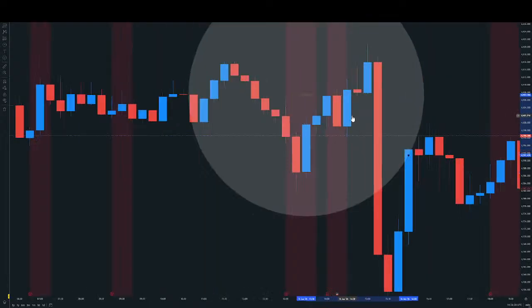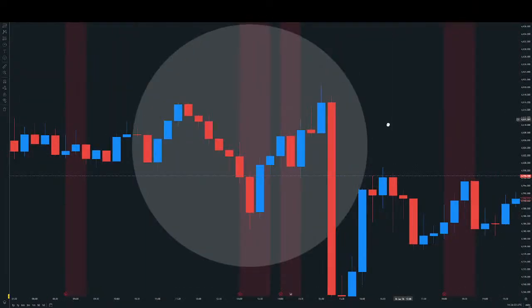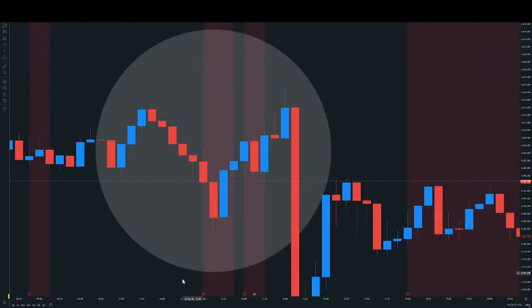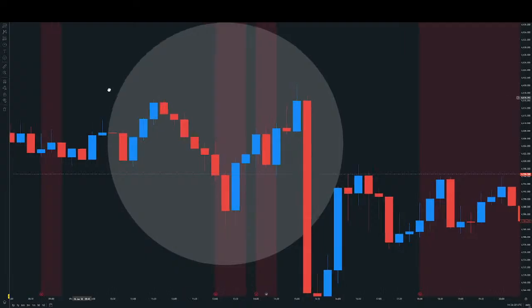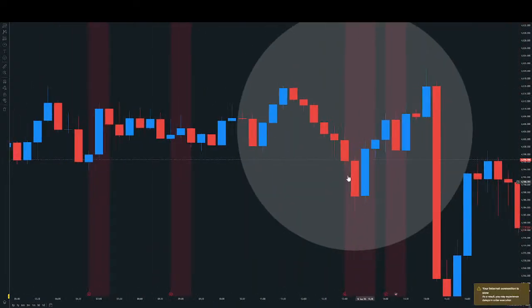Let me zoom in so we have a better picture of it. Now, if you take a look at this particular candle here, this candle breaks a support.